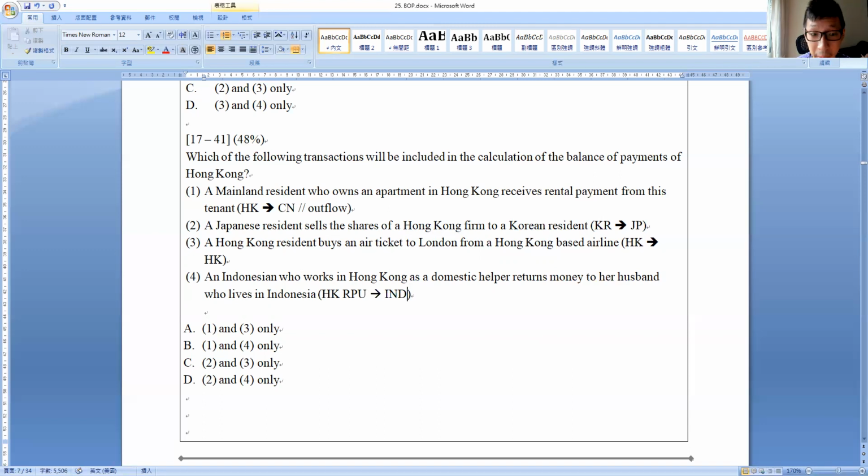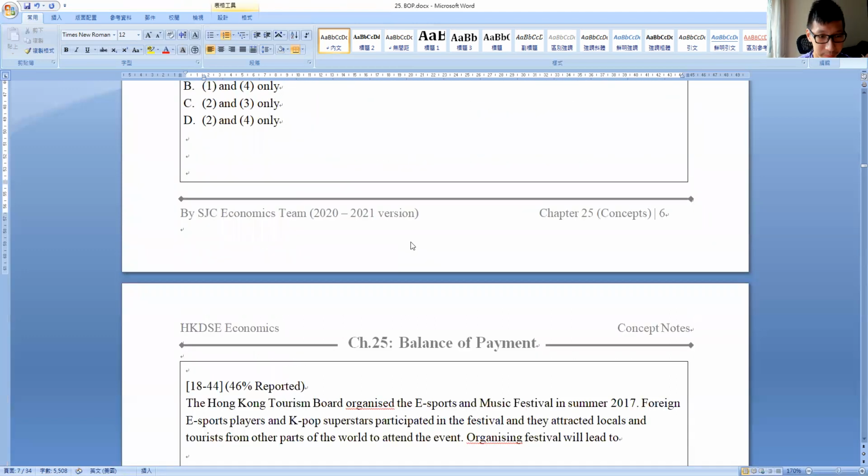So you see, this is also a BOP item, an outflow. So the answer will be number 1 and 4. It's that simple, don't think too much. As long as there is inflow or outflow of money, it counts in BOP. Isn't GDP a bit silly? Alright, now the next one.